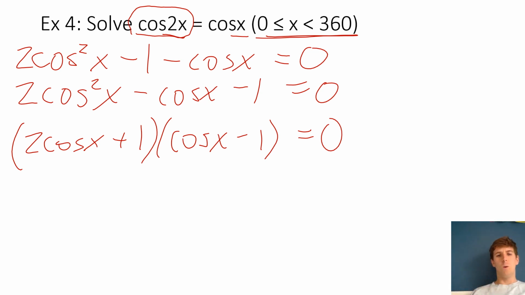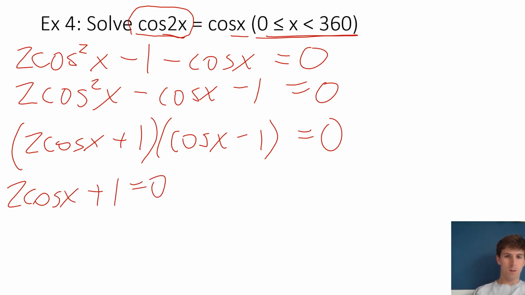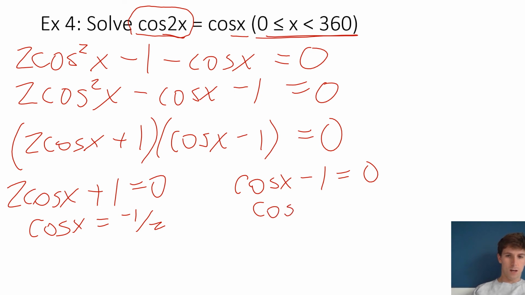Once we have our factors, we'll have 2 cosine x plus 1 equals 0, and cosine x minus 1 equals 0. Solving for cosine in both of these, cosine x equals negative 1/2, and cosine x equals 1.